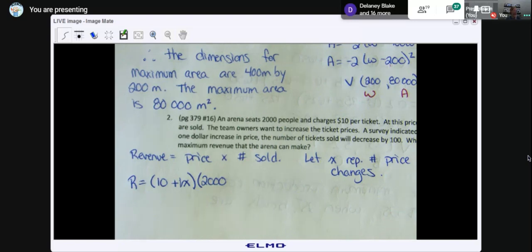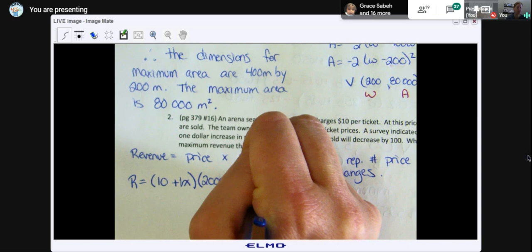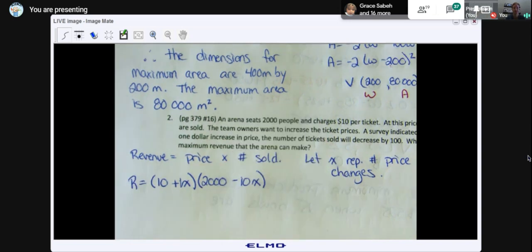They lose 100 tickets. Thank you, Kendra. Okay, so 100 tickets times the number of price increases. So here you go. I have given you a formula here. A starting point. I won't make you come up with it, but I will give it to you.